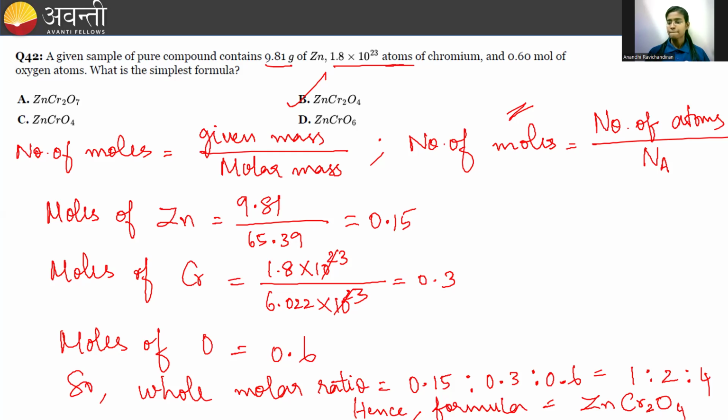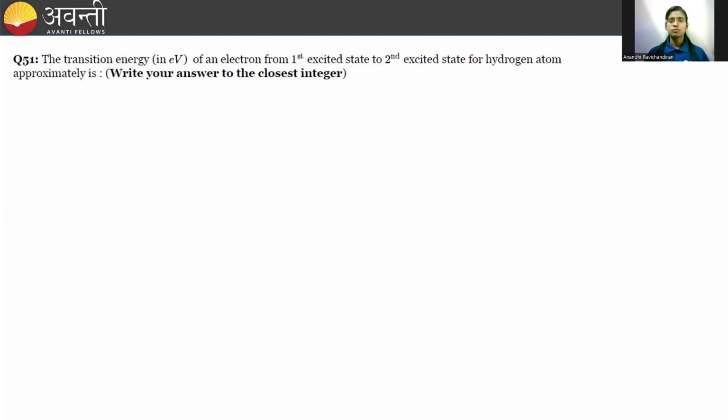Next, coming to question number 51. The transition energy in electron volt of an electron from the first excited state to the second excited state for a hydrogen atom is approximately what? So we are about to find the transition energy in terms of electron volts, from the first excited state to the second excited state, and the atom is hydrogen.